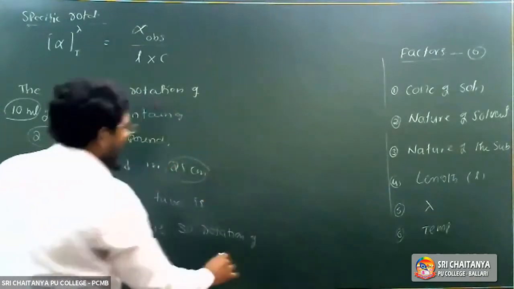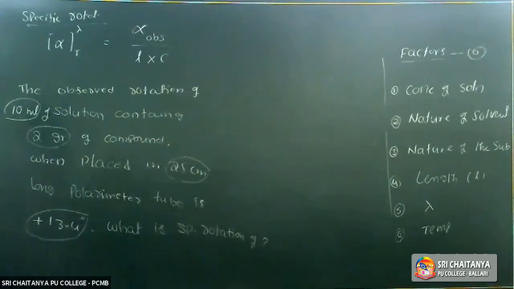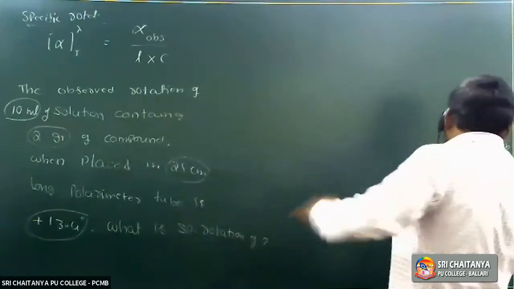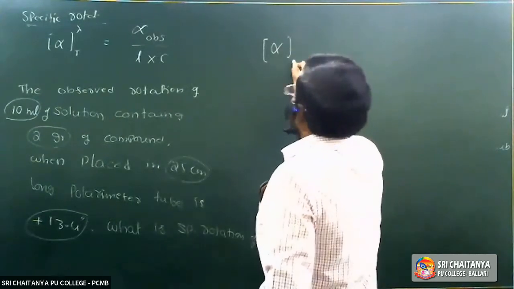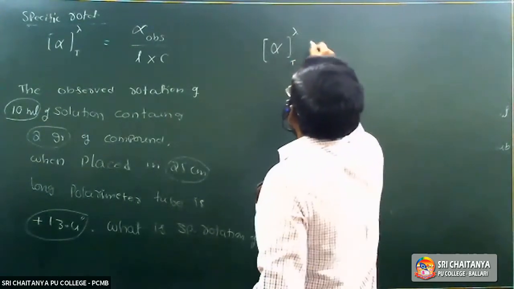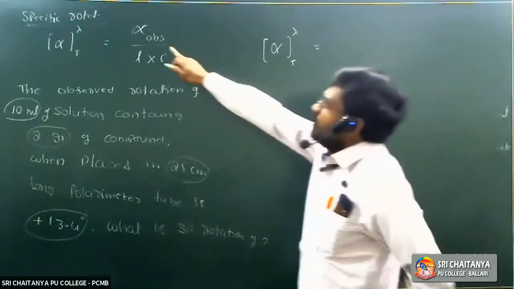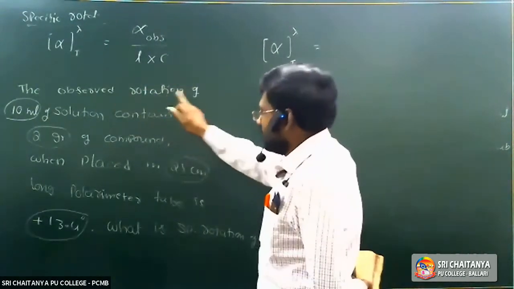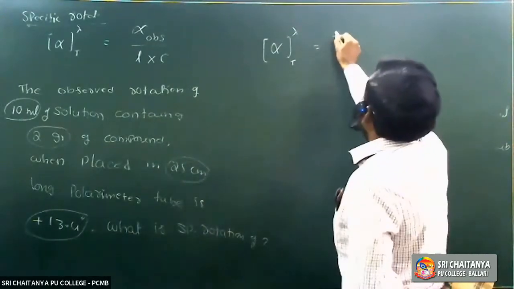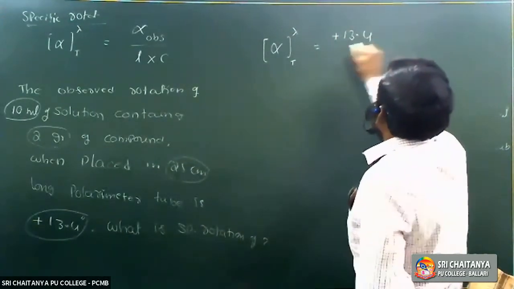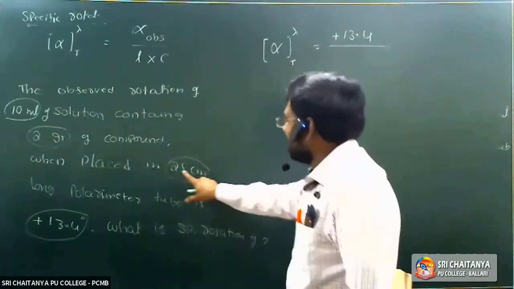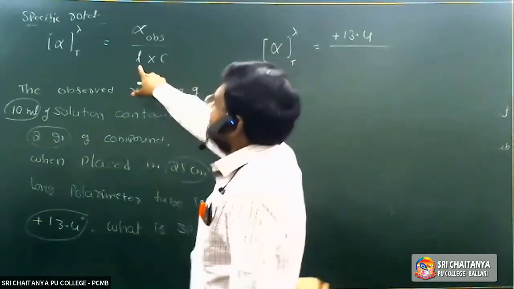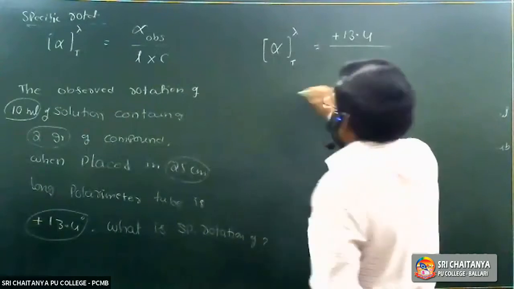Calculate the specific rotation of the compound. Specific rotation alpha, at a given temperature and a given wavelength of radiation, is equal to alpha observed, plus 13.4, divided by L times C. L is given in centimeters, but here L is taken in decimeters.